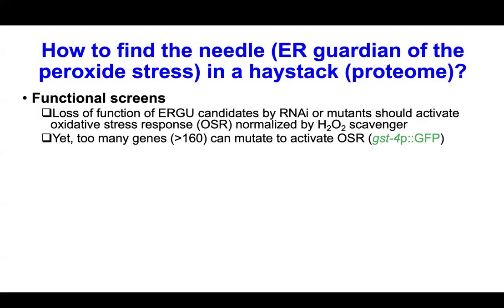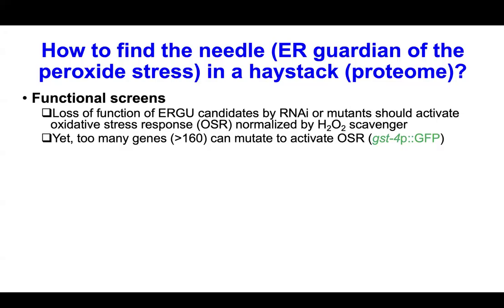You can imagine using a reporter to look for mutants. If mutation of the target would lead to H2O2 elevation, that would lead to reporter activation. But the problem is that there are basically too many ways to activate the oxidative stress response, right?